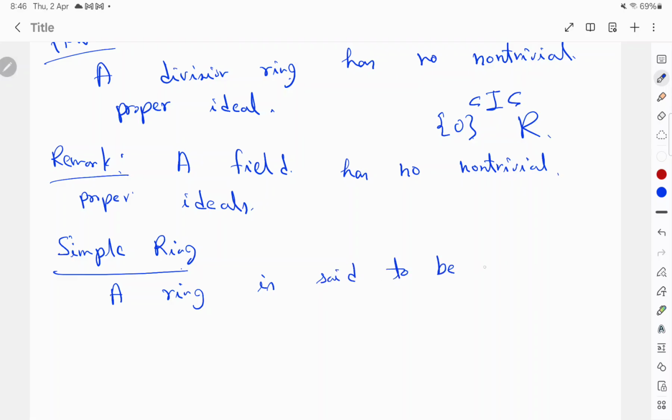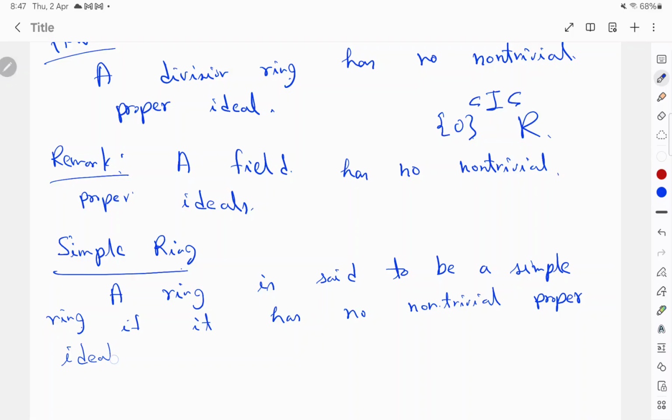A ring is said to be a simple ring if it has no non-trivial proper ideal, like a field, right?